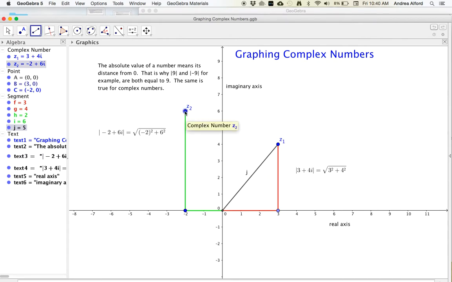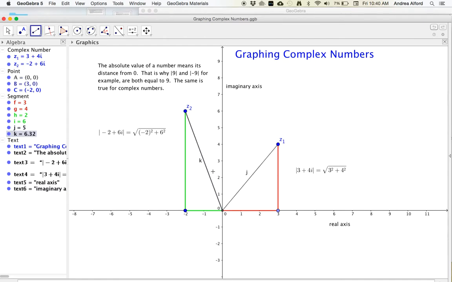Similarly, for z2, what's its distance from 0? It's from z2 to 0. It's the hypotenuse of this triangle. So what is the absolute value of negative 2 plus 6i? Well, I just need to use the Pythagorean theorem. So the length of this side, which is 2 squared plus 6 squared, equals k squared.